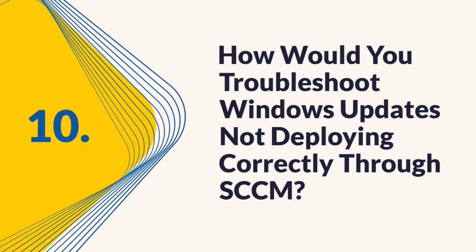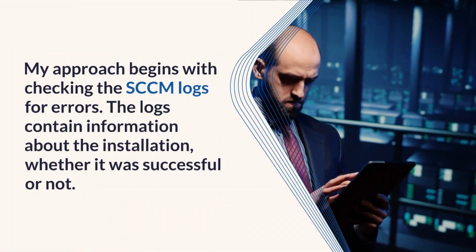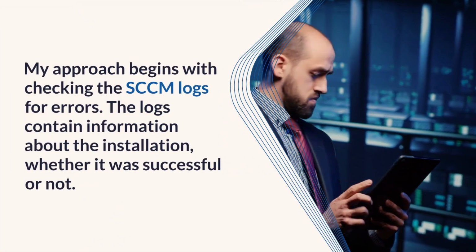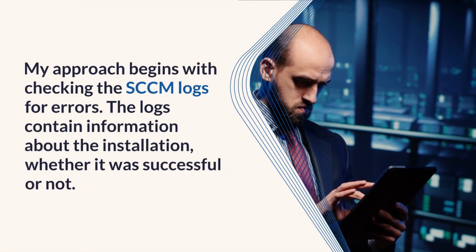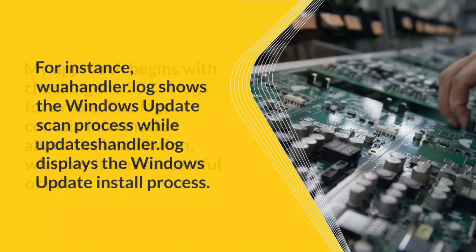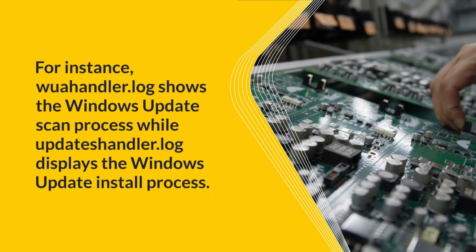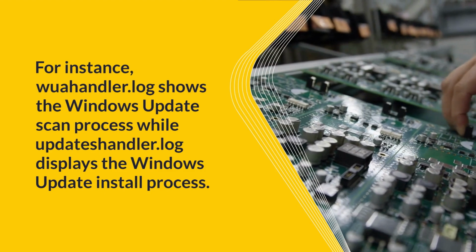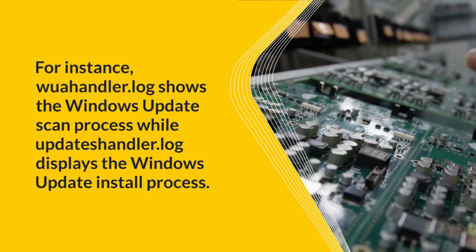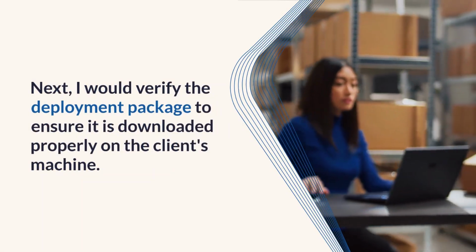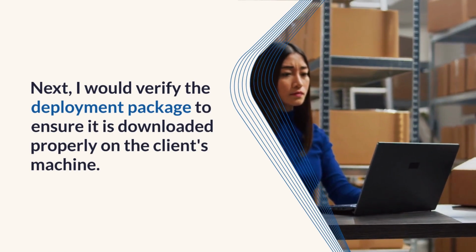10. How would you troubleshoot Windows updates not deploying correctly through SCCM? My approach begins with checking the SCCM logs for errors. The logs contain information about the installation, whether it was successful or not. For instance, wuahandler.log shows the Windows Update scan process while updatehandler.log displays the Windows Update install process. Next, I would verify the deployment package to ensure it is downloaded properly on the client's machine.